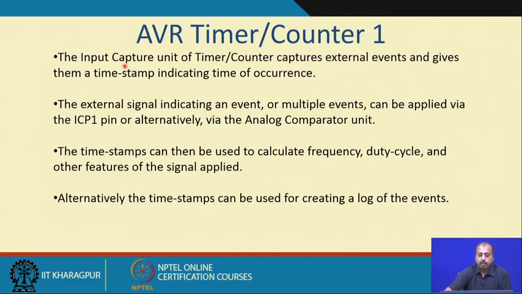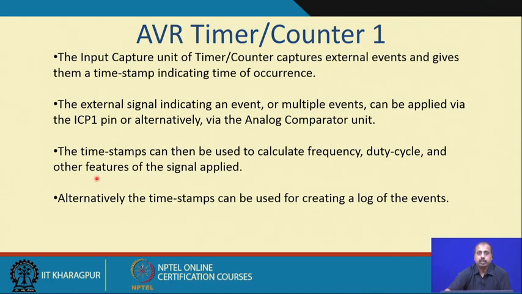The input capture unit captures the external events and gives them a time stamp indicating their time of occurrence. So when that external event has occurred, that time will be captured. The external event signal can be applied via the ICP1 pin, or via the analog to digital converter, where the analog comparator module can be used for that purpose.